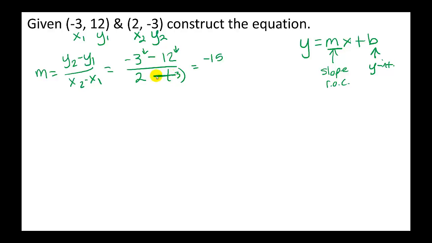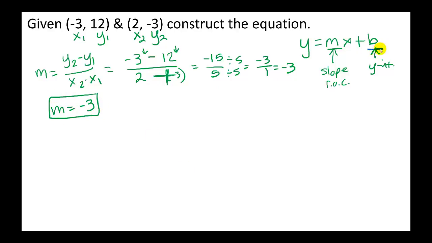Negative times a negative really means a positive. 2 plus 3 is 5. We can simplify by dividing by 5s, and so that gives us -3 over 1, which means our slope, our m, is -3.